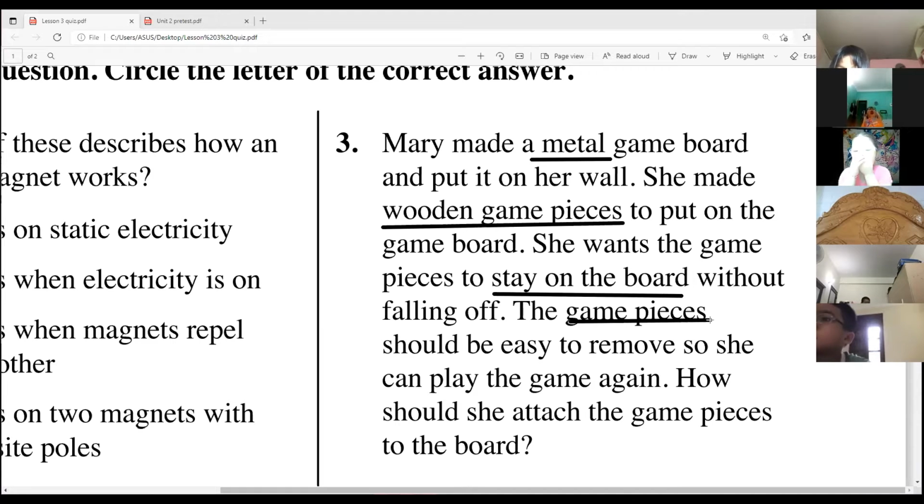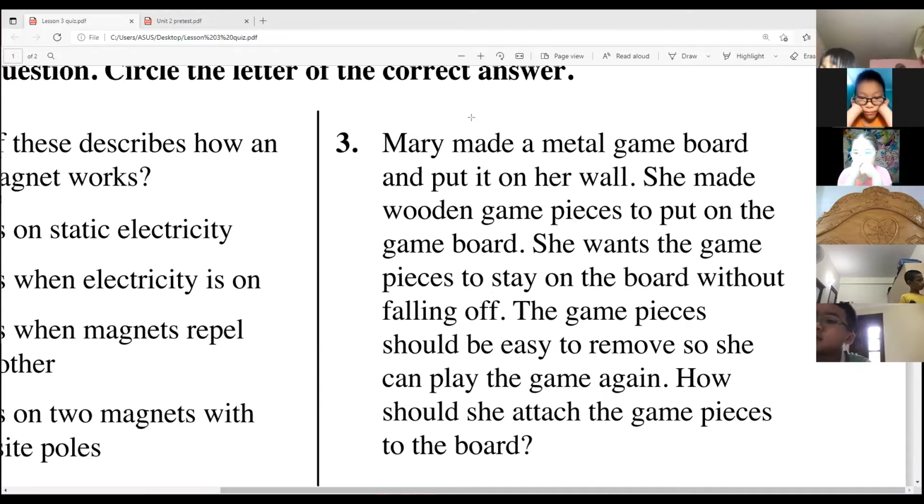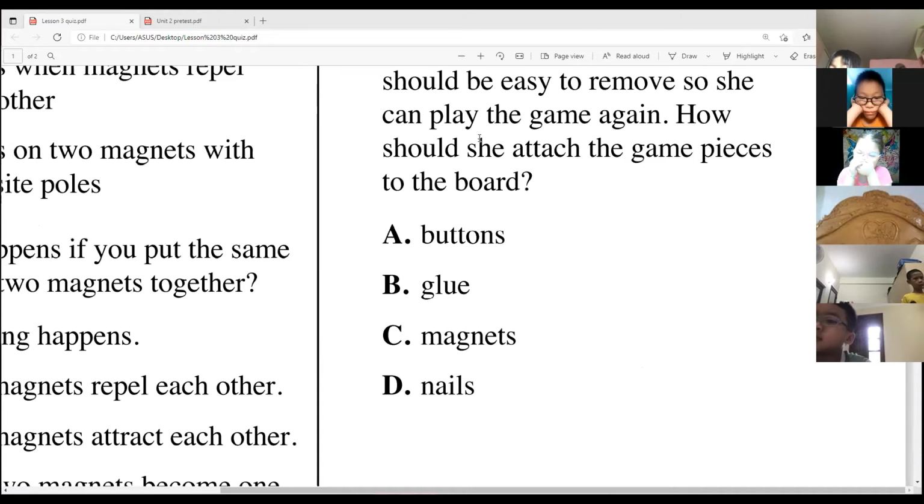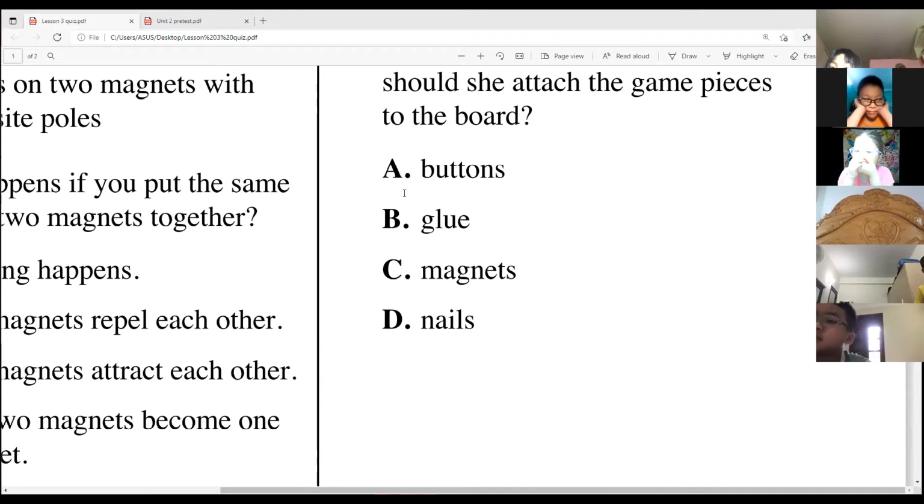The pieces should also be able to be removed so she can play the game again. How should she attach the game pieces to the board? Should she use buttons, glue, magnets, or nails?